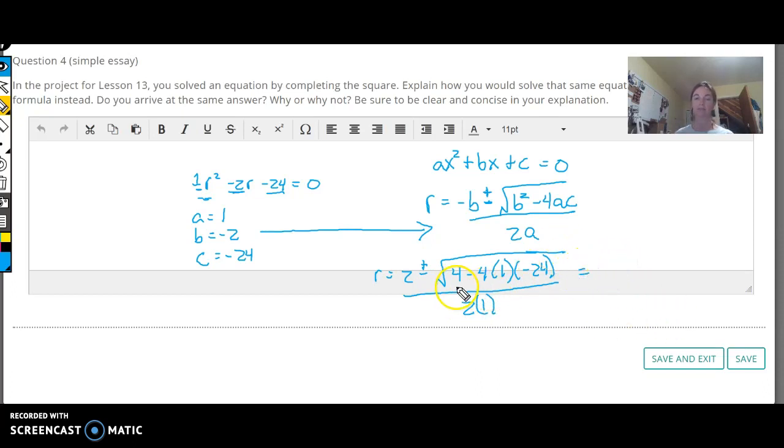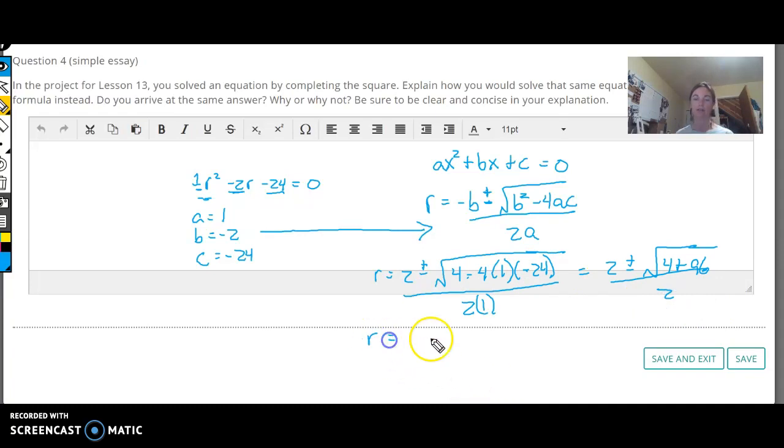So let's simplify this in here. I'm going to have 2 plus or minus the square root of 4 plus 96. 24 times 4 is 96, and these 2 negatives are going to make a positive, all over 2.